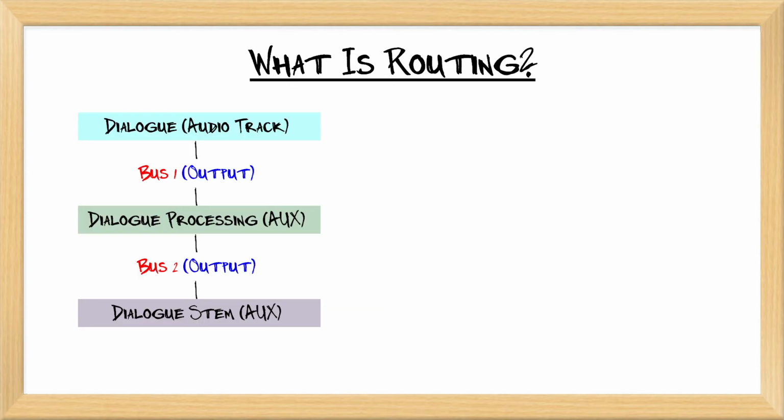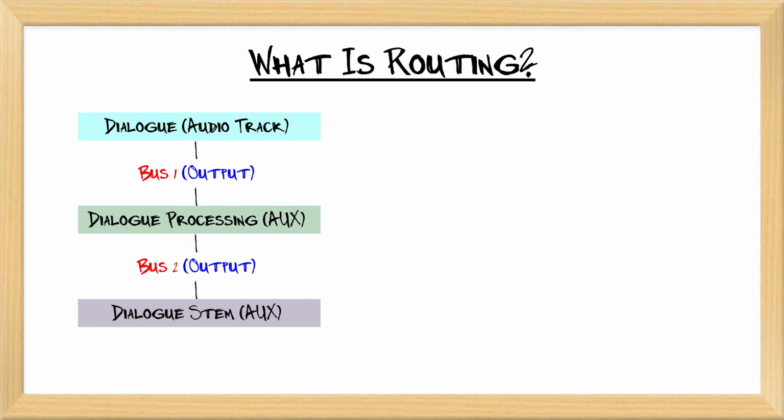Okay, so here's a snapshot from a larger session that I might be working on. There would definitely be more routing and more stuff, but let's just look at this little piece. So I have a dialogue audio track. On the output of that dialogue audio track, I've created a bus 1. And with this bus, I am now outputting dialogue audio track into dialogue processing aux.